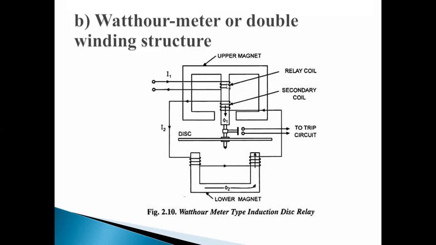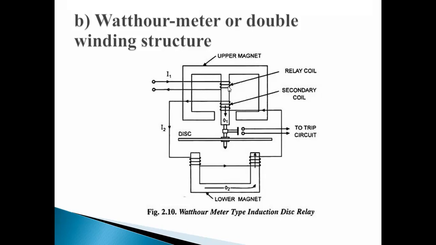Double winding means this is your primary coil and this is the secondary coil, and there are two magnets. One is the E-shaped magnet, and the second is the U-shaped magnet. This E shape is called the upper magnet, and this is the lower magnet, and this is your primary coil, also called the relay coil.